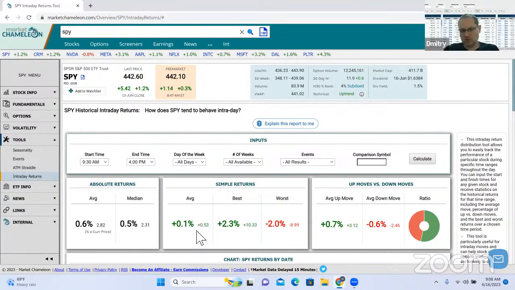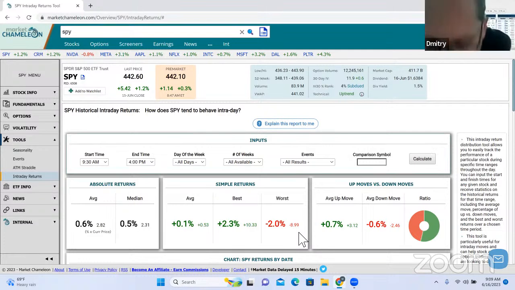So we got to skew towards the upside. And if we took the best upside return and worst downside return intraday, we have an upside move of 2.3%, which would translate to $10.33. The worst 2%, which would translate to almost $9.